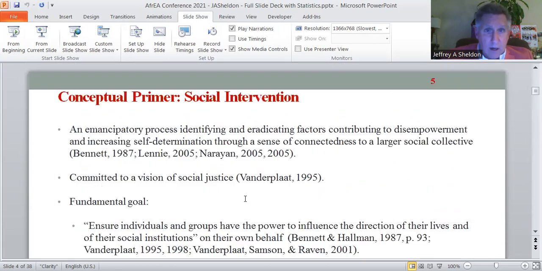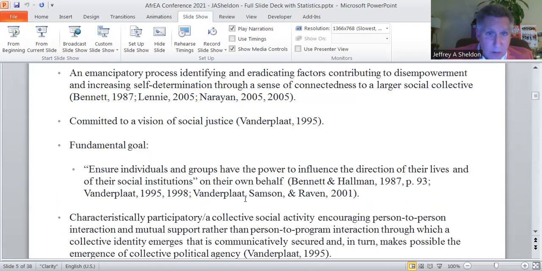Okay. All right. So what is a social intervention? Well, it's a liberating process, okay, which helps to eradicate those factors around us which contribute to disempowerment. So in other words, it's fostering empowerment, and it also increases self-determination, when you look at the relatedness aspect of self-determination.